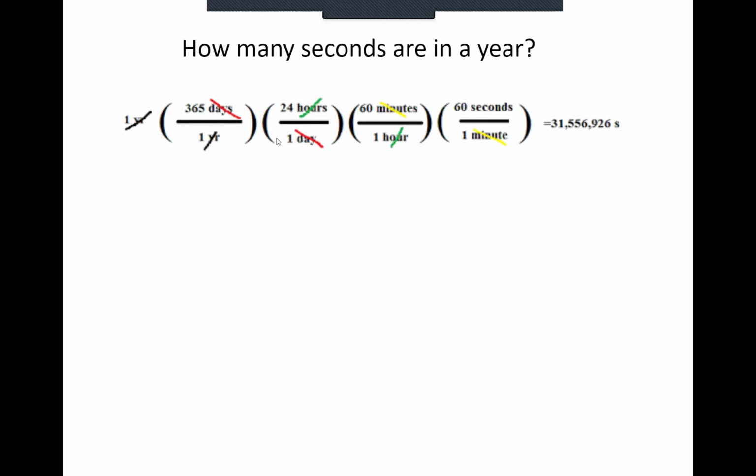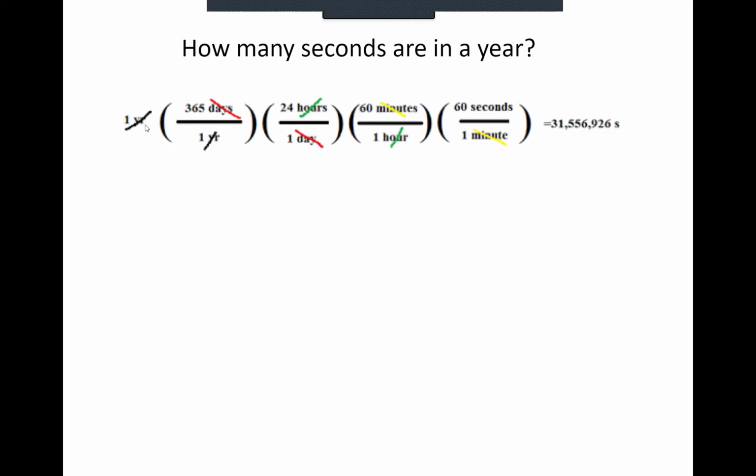Notice that in each of these big sets of parentheses, the numerator is equivalent to the denominator, but it's stated in different units. 365 days is equivalent to 1 year. 24 hours is equivalent to 1 day. 60 minutes is equivalent to an hour, and 60 seconds is equivalent to 1 minute. But the way we've laid out these sets of parentheses, and specifically the units on top and on bottom within the sets of parentheses, is extremely important.